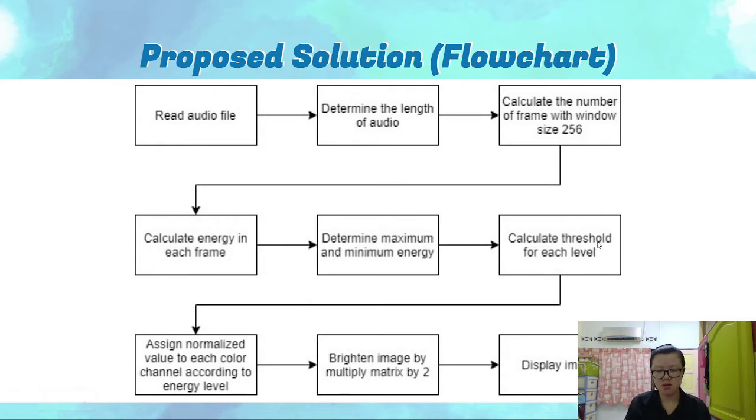For the energy, we need to normalize it into a value between 0 and 1 so that it can be assigned to the color channel. Lastly, I brighten the image by multiplying the matrix by 2 and display the image.